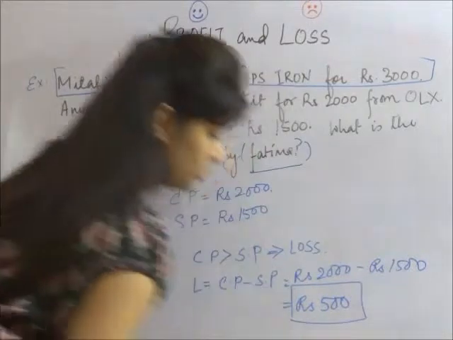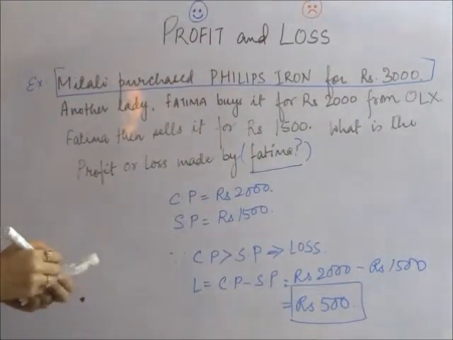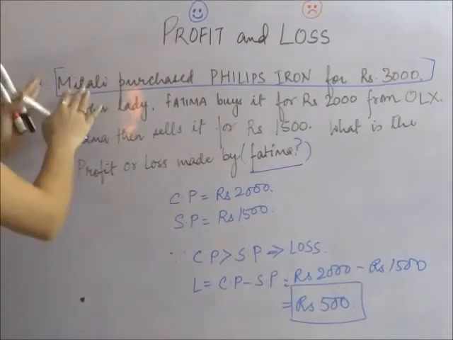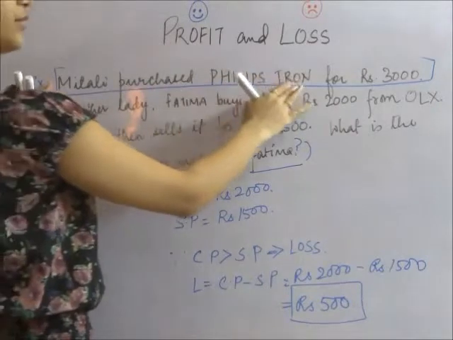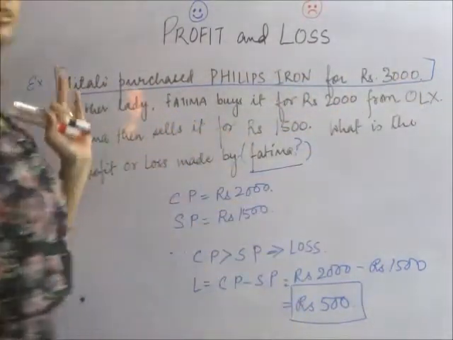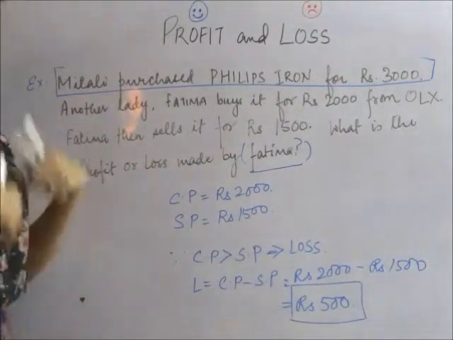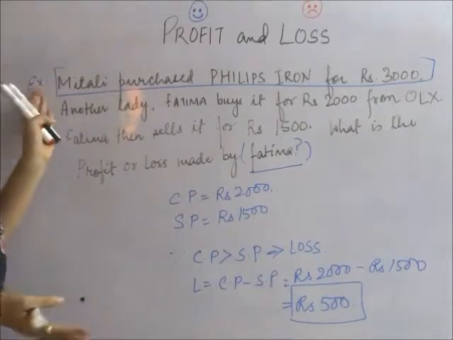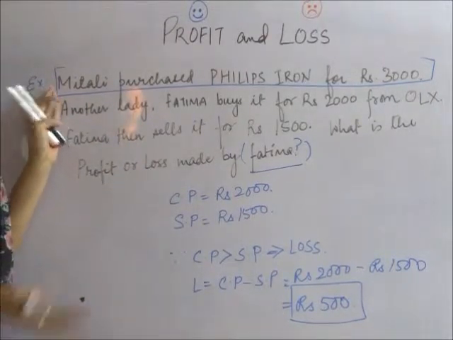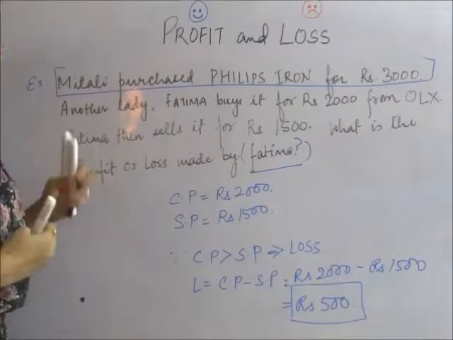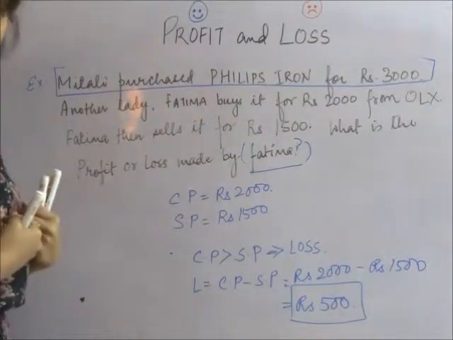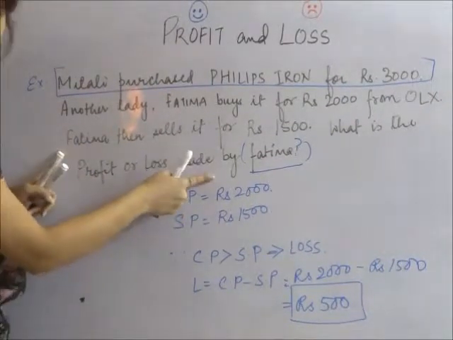So Fatima booked a loss of rupees 500. Mithali purchased a Philips iron for rupees 3,000. We need not use all the information given in the question. We have to extract the information which is of use to us. See what is asked in the question.